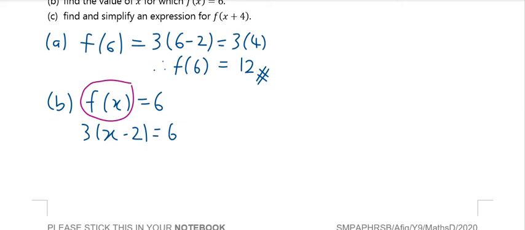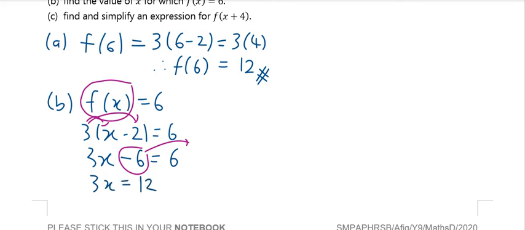You have to expand it: 3 times x, 3x, minus 3 times 2, 6, equals 6. Move this to the other side, it will be plus 6. So 3x equals 6 plus 6, which is 12. Therefore, you divide by 3, so x equals 12 divided by 3, which is 4. So that's how you solve this one.